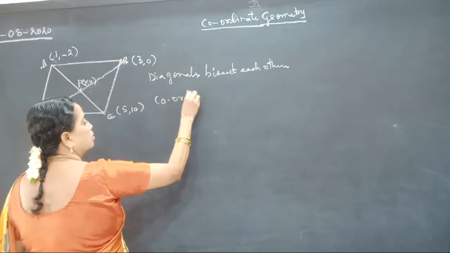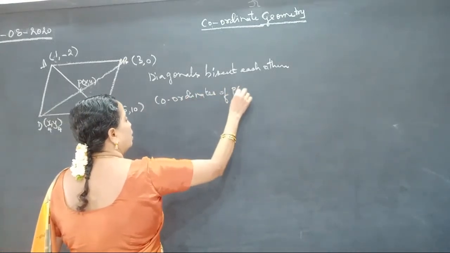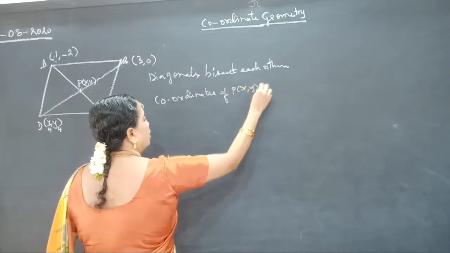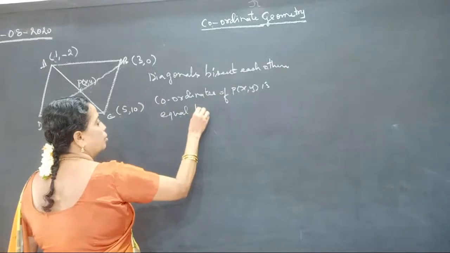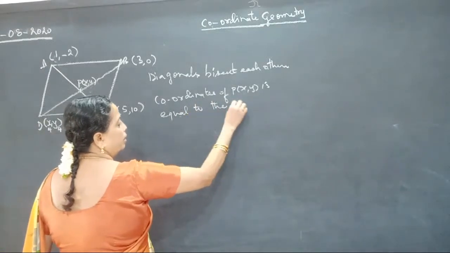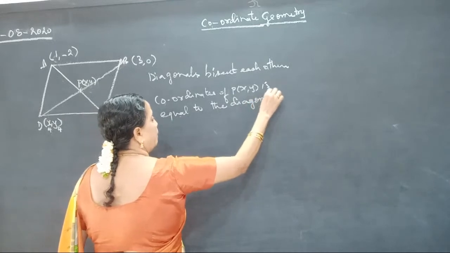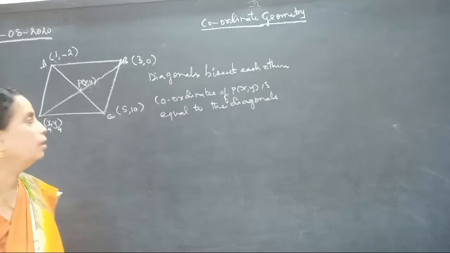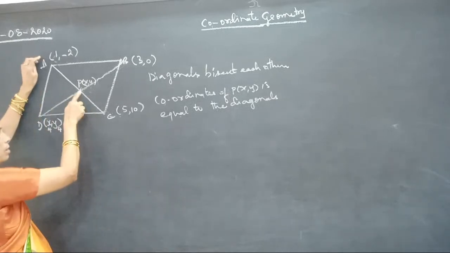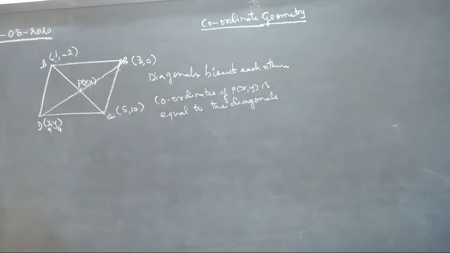The coordinates of P, x comma y, are equal for both diagonals. The diagonals are AC and BD. The coordinates of this midpoint are the same as the coordinates of the midpoint of the second diagonal.